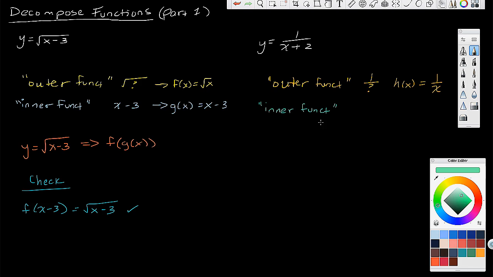When I say innermost function, what I'm asking you is what would you substitute into the overall structure to get what we were given here? Hopefully you saw that the innermost function would be x plus 2. So let's call this r of x. So we have our setup here. Let's look at how this problem breaks down.